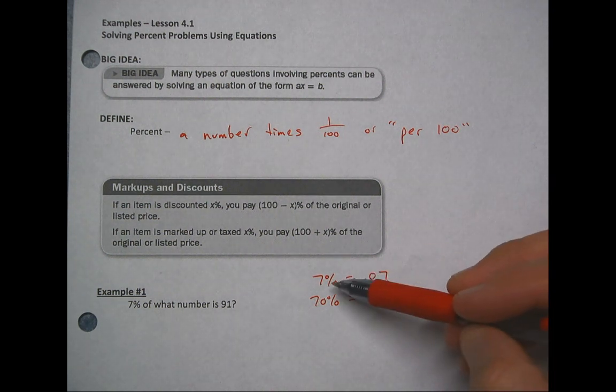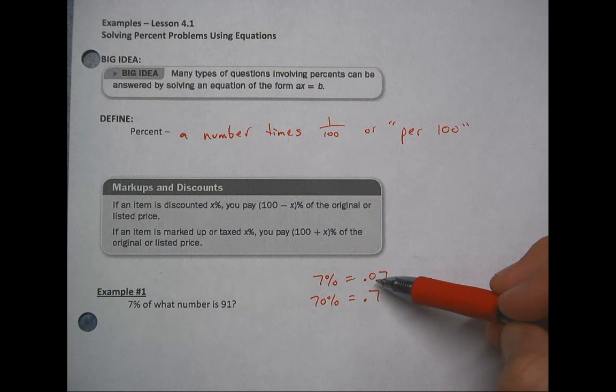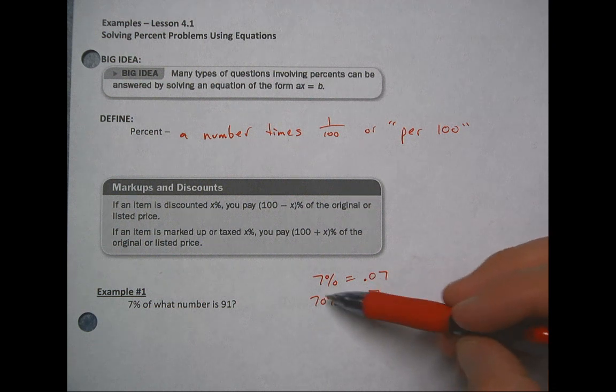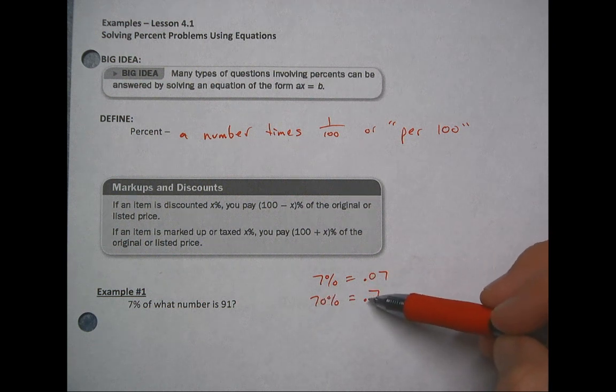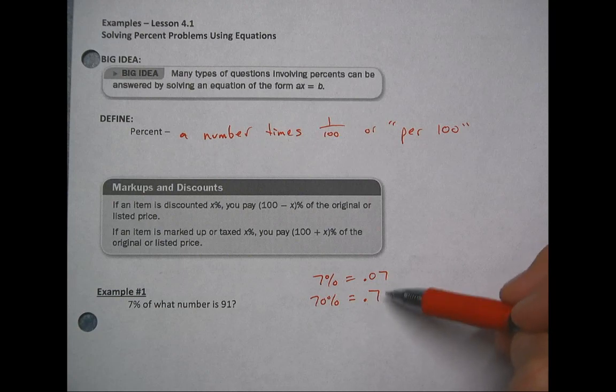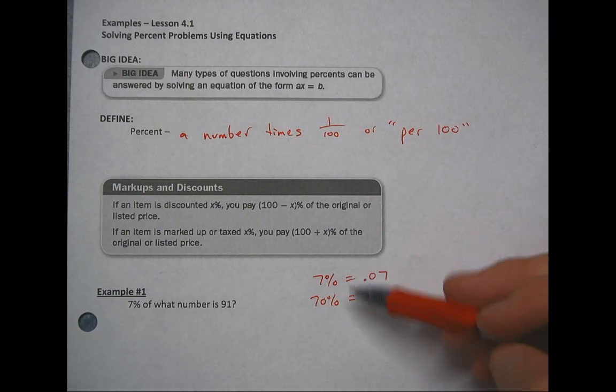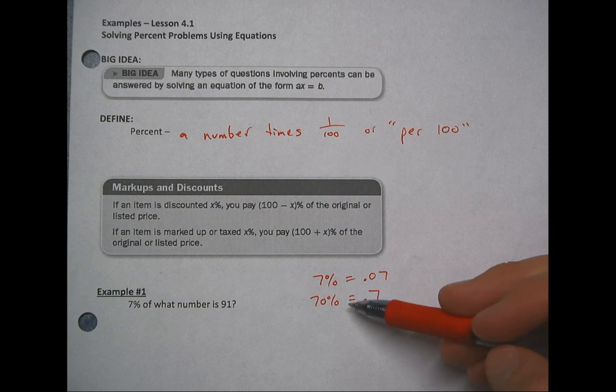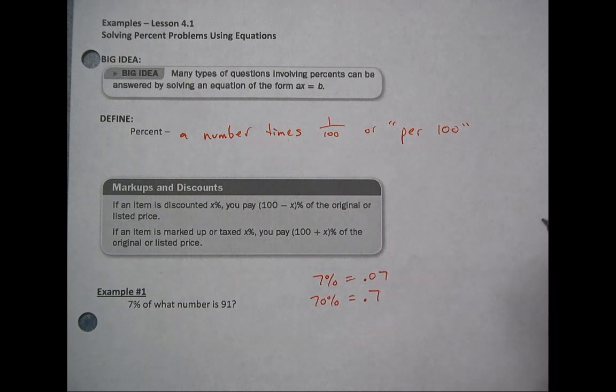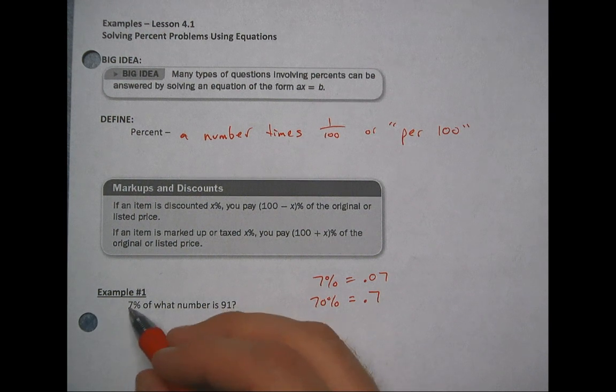We always want to make sure we understand that a 1-digit percent has to have this 0 here, and a regular 2-digit percent can just be written as 0.7 or 0.70 if you want to add the 0. We don't want to express 7% as 0.7, because that's obviously a big difference between 7% and 70%.